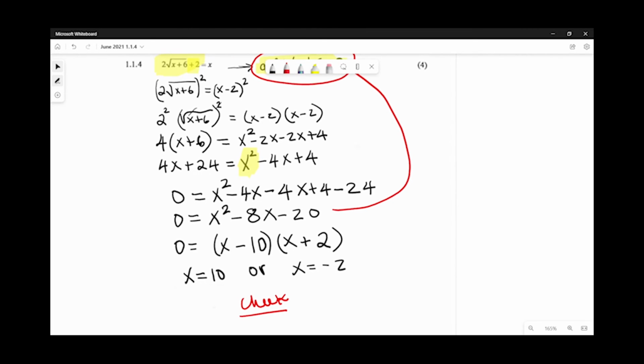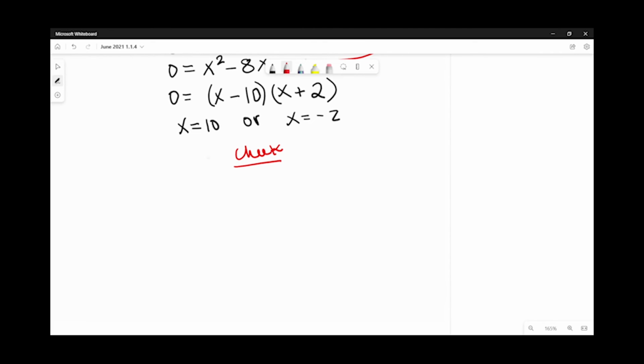So I'm going to use 2 root x plus 6 plus 2 equals x. This side I'm going to check for x equals 10, and that side I'm going to check for x equals negative 2. So you just substitute your x, right? You found that your x is 10 here.